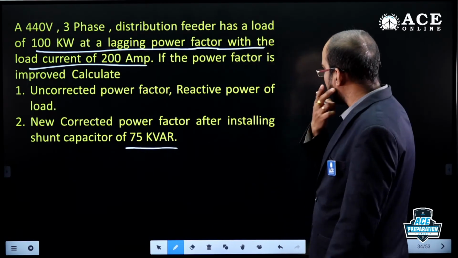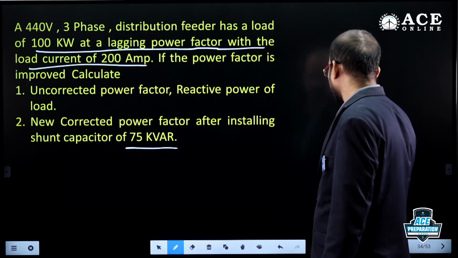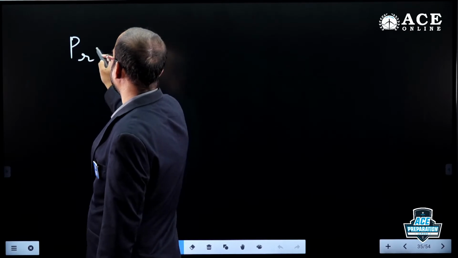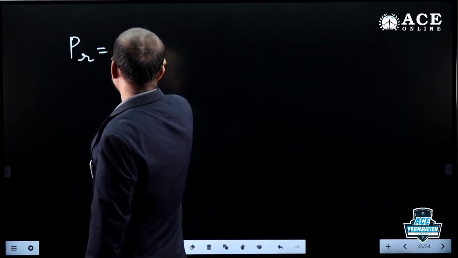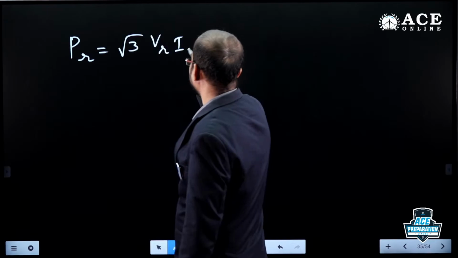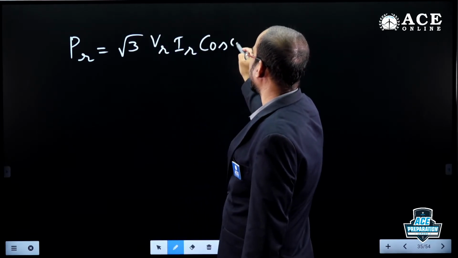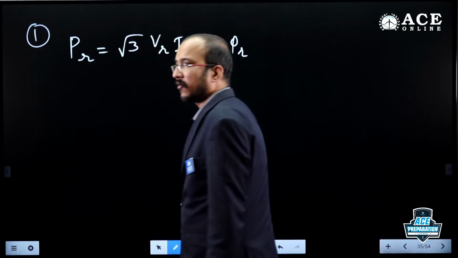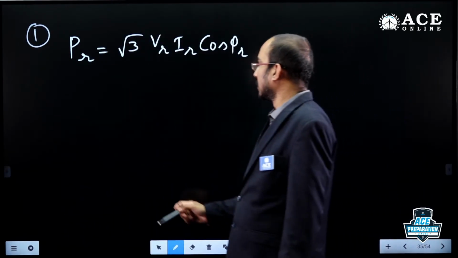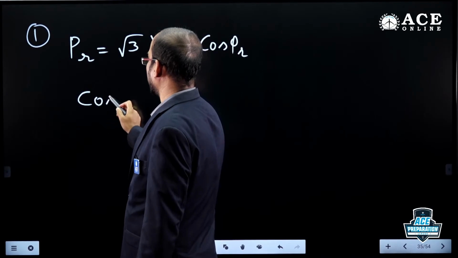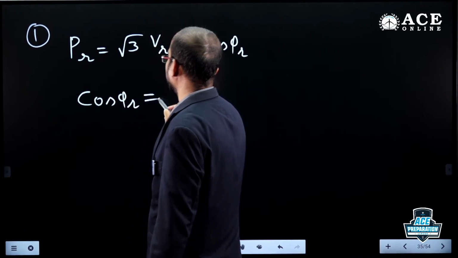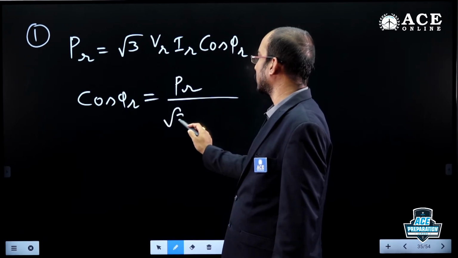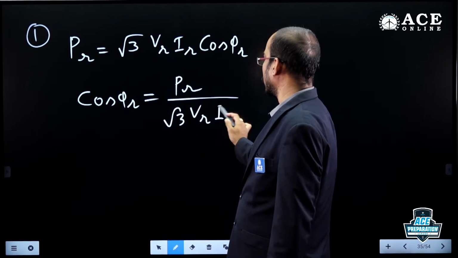Okay. Now, how do you calculate? So, what is the value of load parameters? PR is √3 times VR IR cos phi r. Let us first try to calculate what is the initial power factor at which it was operating. So, cos phi r is nothing but PR by √3 times VR into IR.